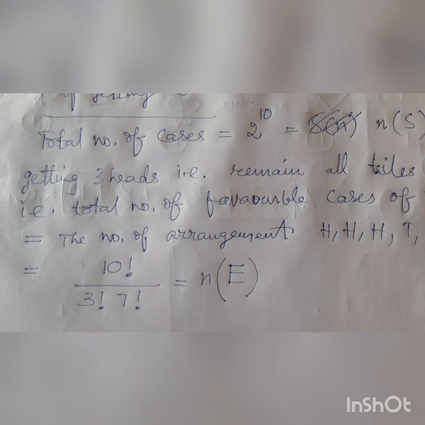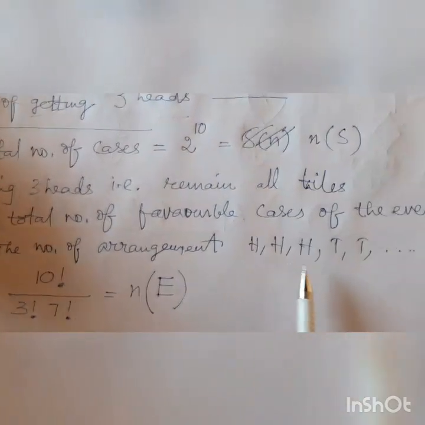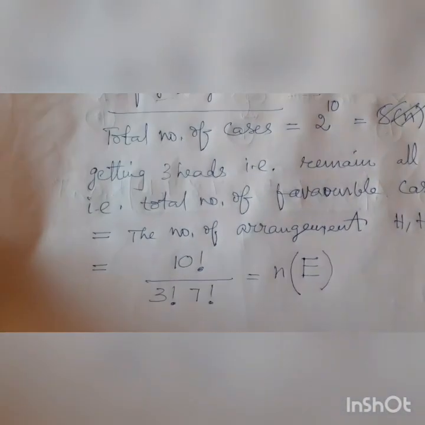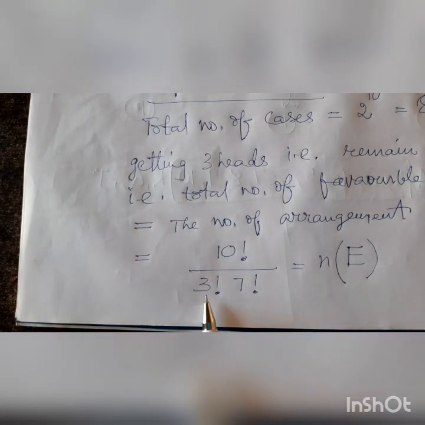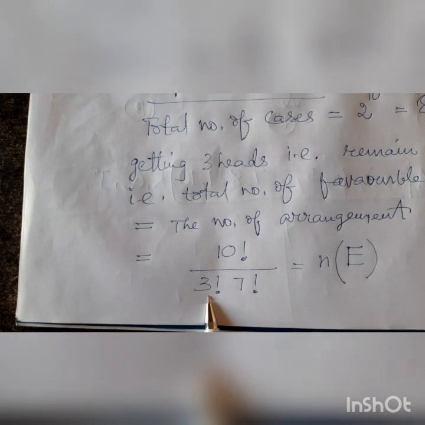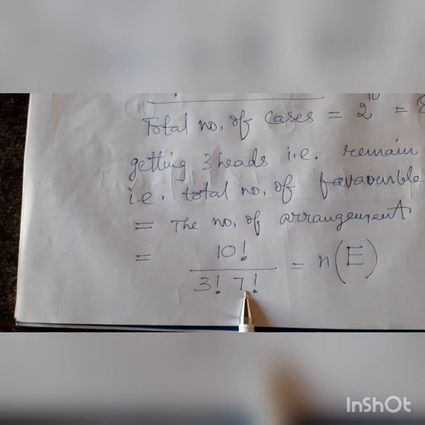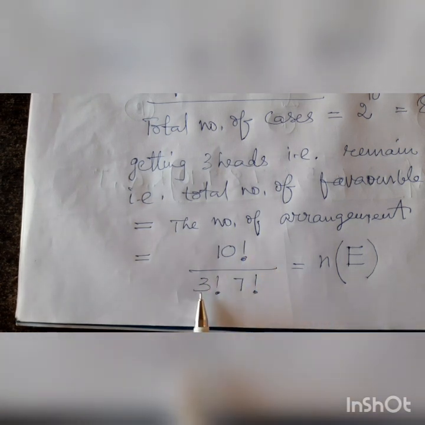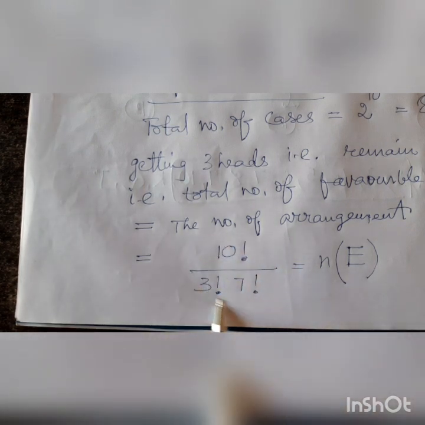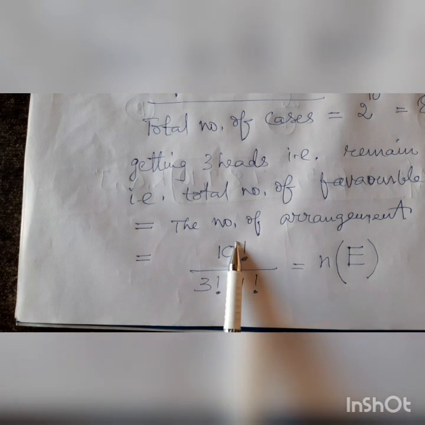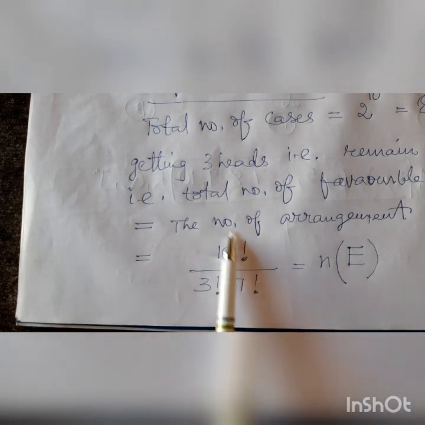What is the case we have to take? The favorable case we have to take is 3 heads. That is why first I have written 3 heads and 7 tails. This is one group and this is another group. 3 heads is 3 factorial, 7 tails is 7 factorial. So 10 factorial by 3 factorial by 7 factorial.